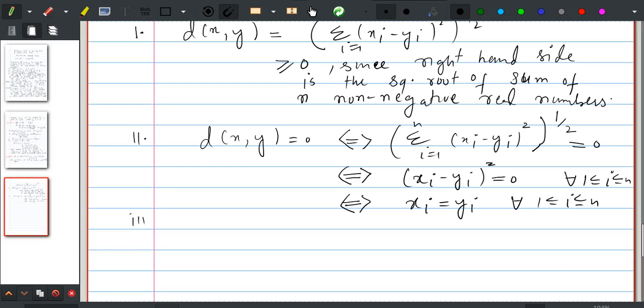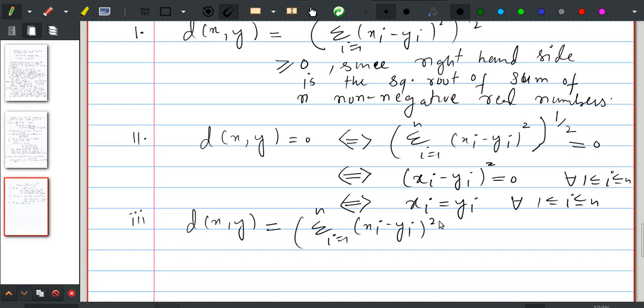And symmetry follows trivially, because if we take d of xy, which is by definition the square root of sigma i runs from 1 to n of (xi minus yi) square, which is equal to sigma i runs from 1 to n.